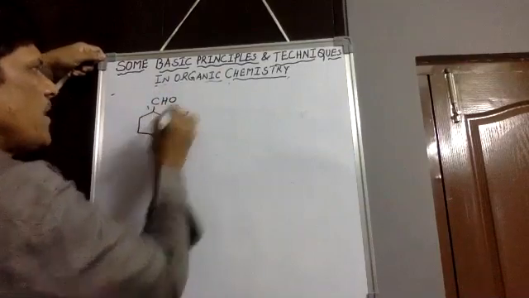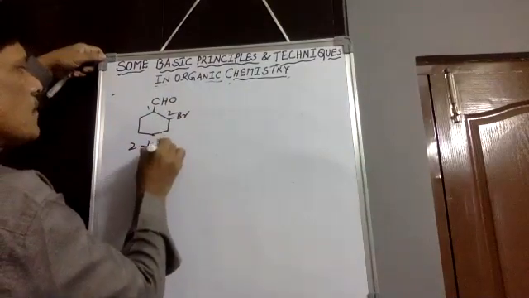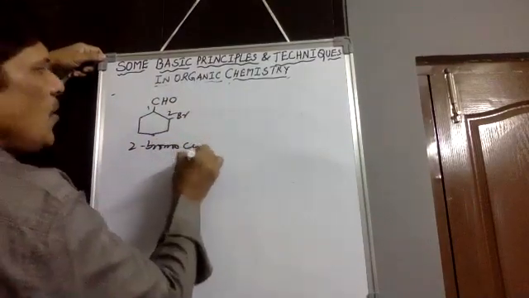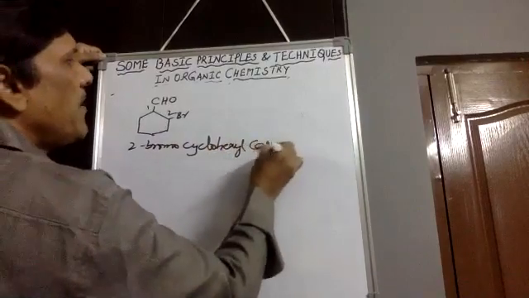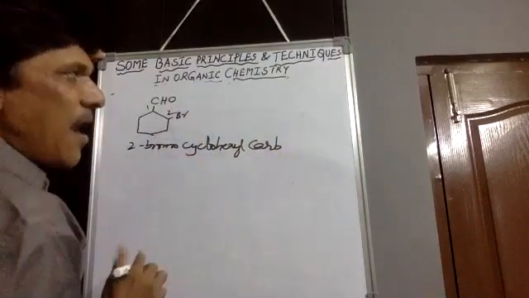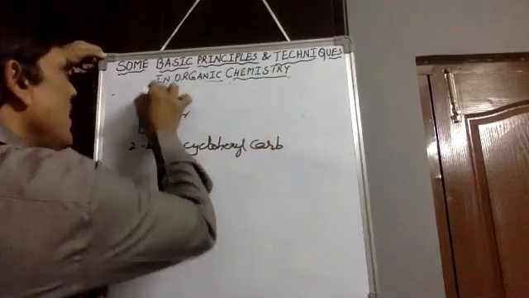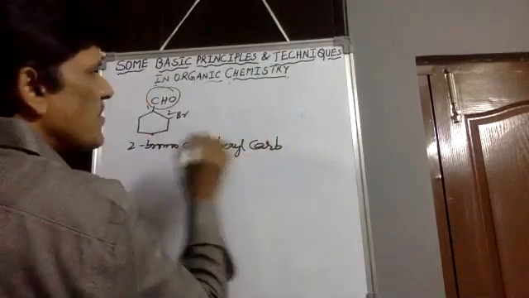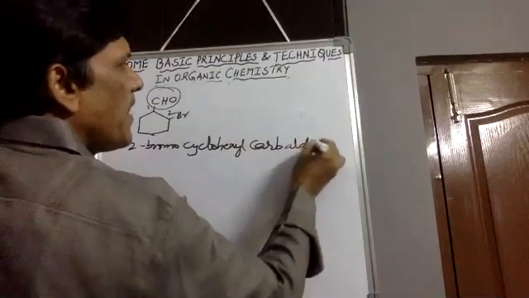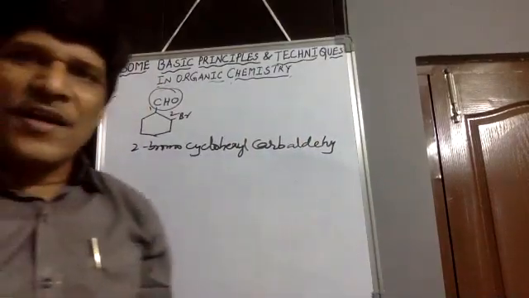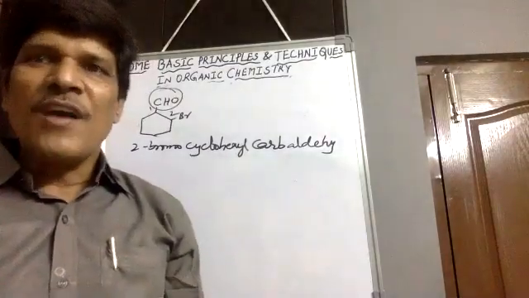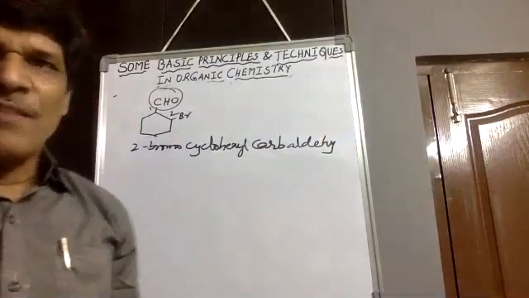The cyclic group we have to separate. Then for 2-bromo cyclohexane carbaldehyde, but we should not say all because this aldehyde group is dissimilar from the cyclohexyl. Carbaldehyde, carboxylic acid, carbonyl chloride, carbamide, carb nomenclature we use on these compounds.